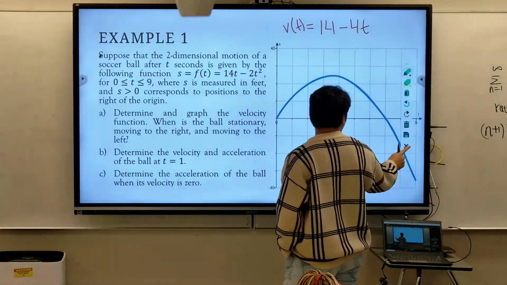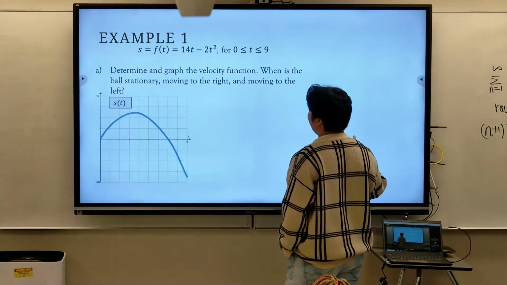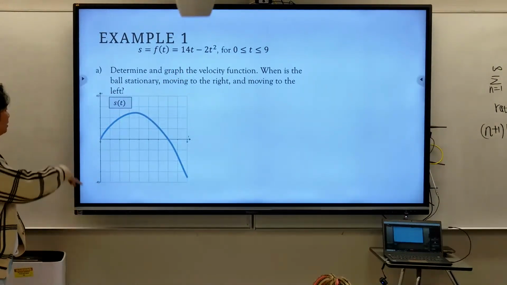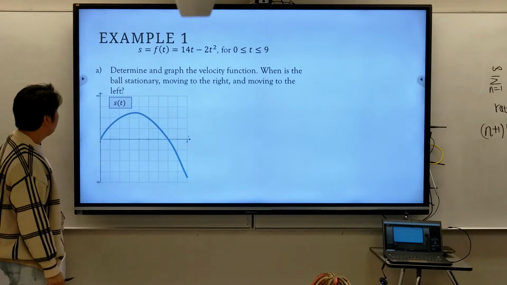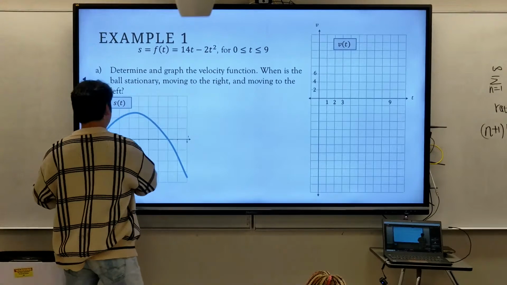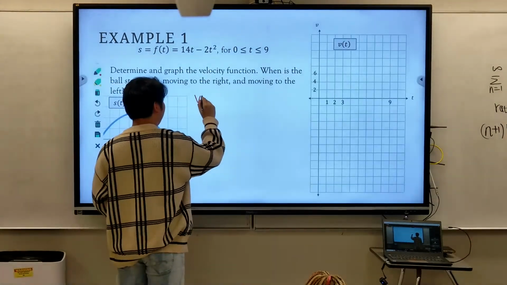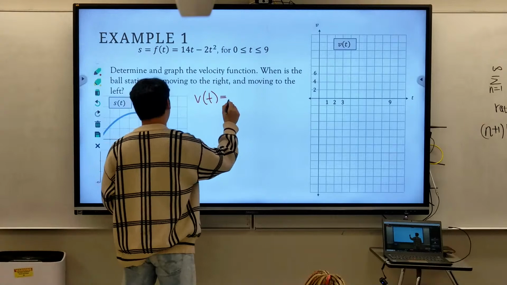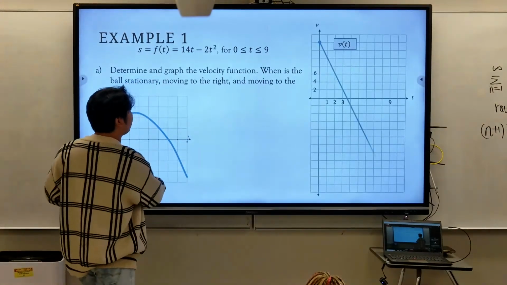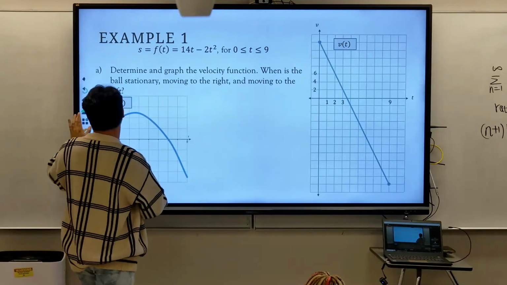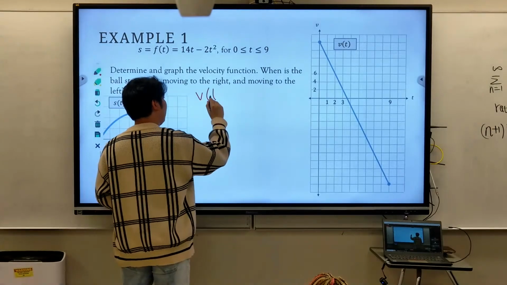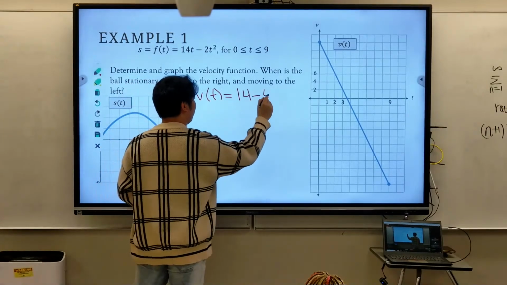Let me clear this. I'll rewrite this in a second. Here we go. So part A, I just rewrote the function because that's what we care about, and then this graph. So we had the velocity function. We said v of t was 14 minus 4t.